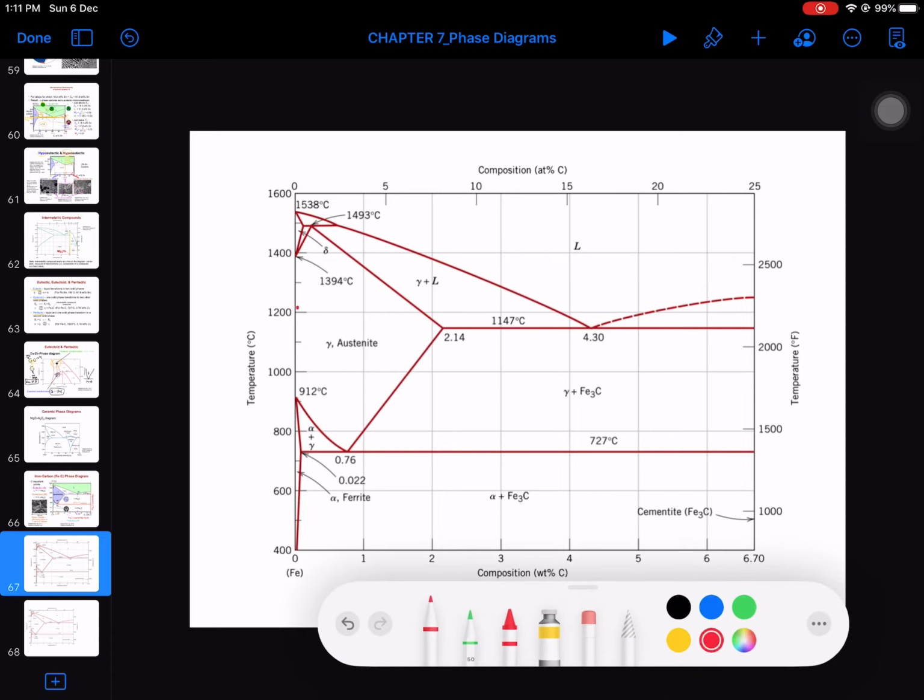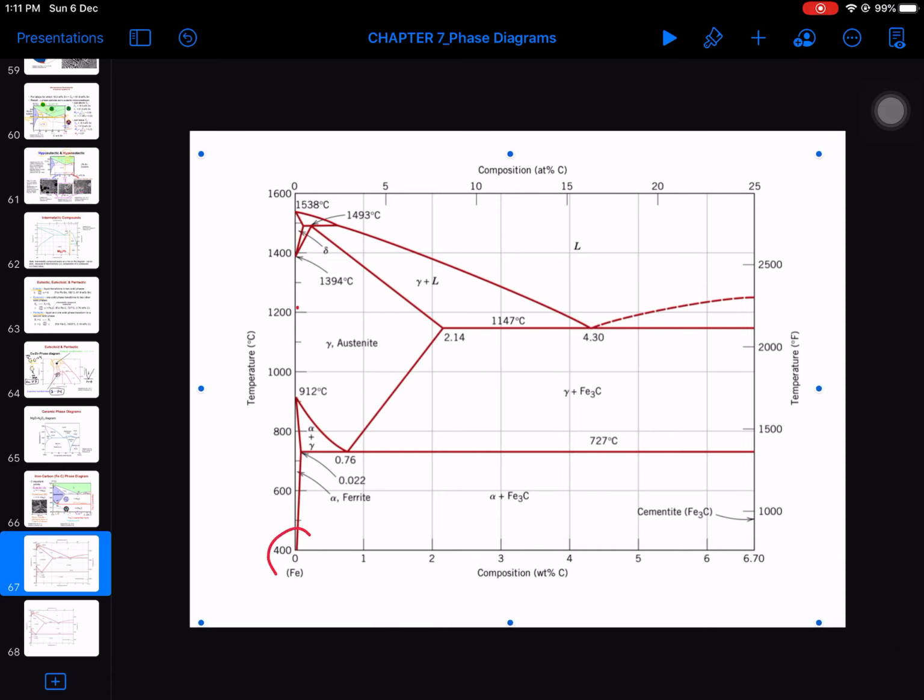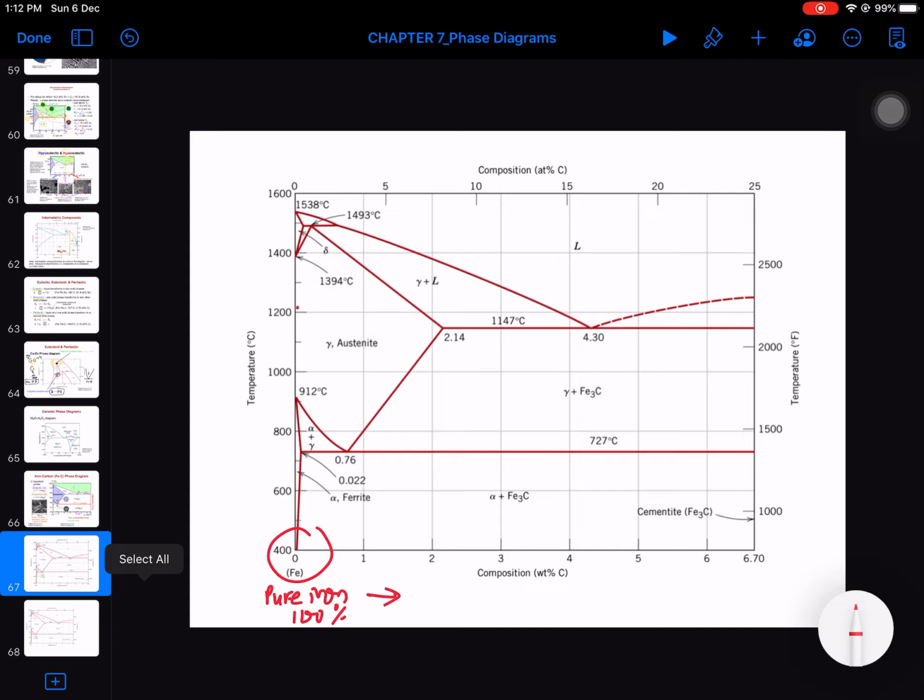And at this end, we have the point for pure iron, which is 100% iron here. So pure iron actually has like 3 allotropes.